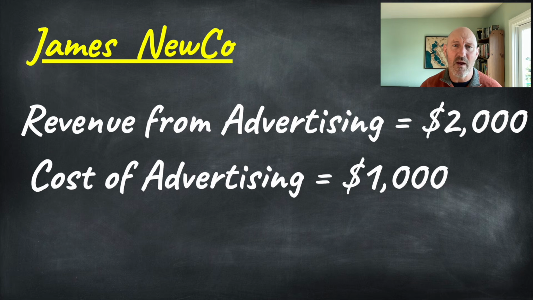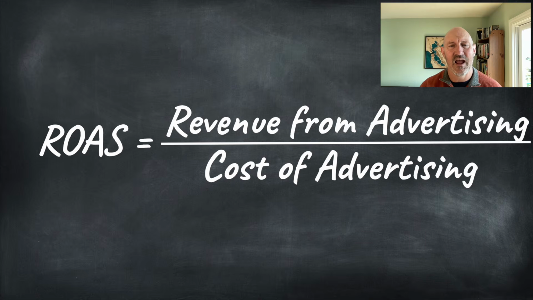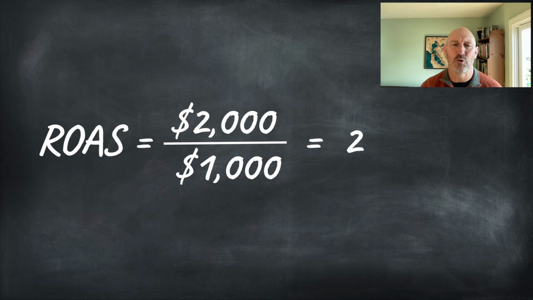And so then the ROAS calculation is simply taking the revenue, the $2,000, over the cost of the advertising, the $1,000, and this gives a ROAS of 2. This is a simple interpretation that they got twice as much revenue as they spent on advertising.